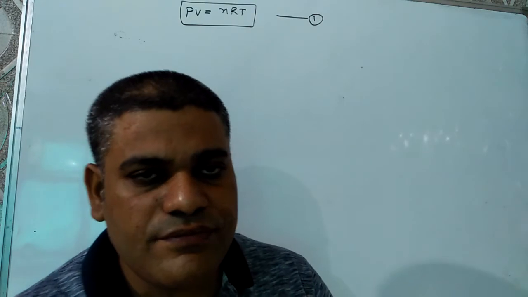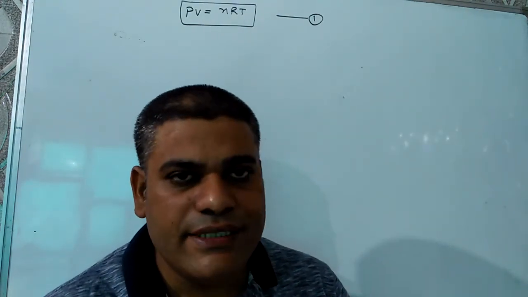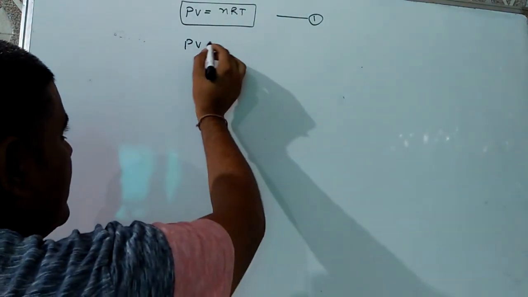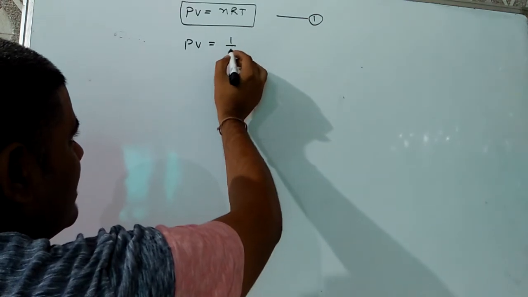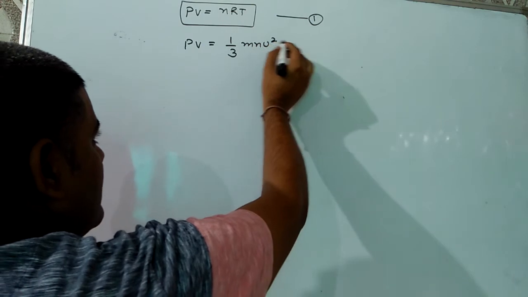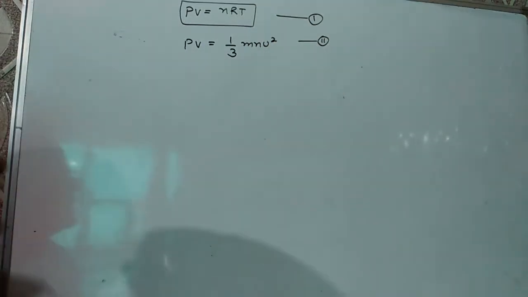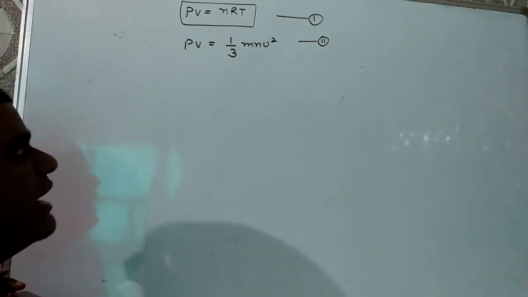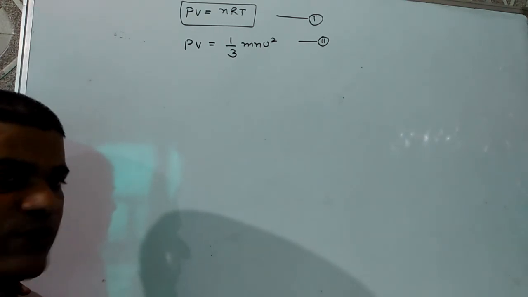Now, last time we discussed the kinetic gas equation, and according to the kinetic gas equation we know PV is equal to 1 by 3 mnu square, where P is the pressure, V is the volume, m is the mass of each molecule, and n is the number of molecules.